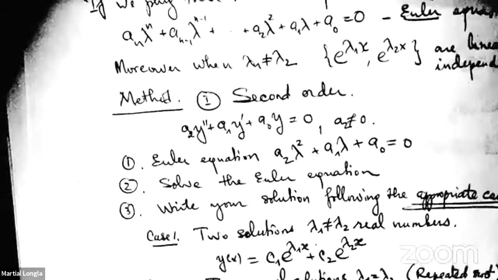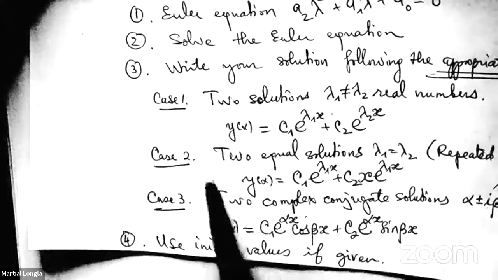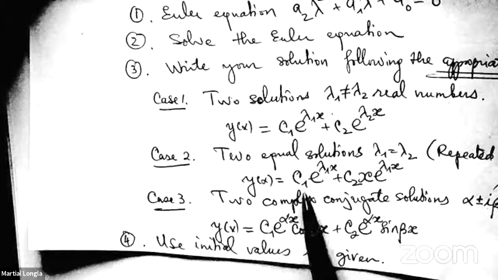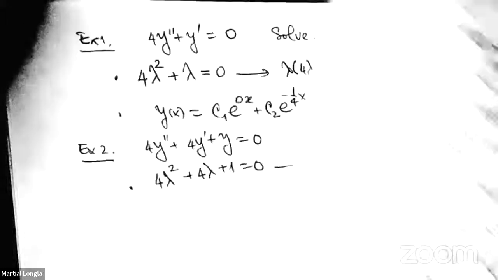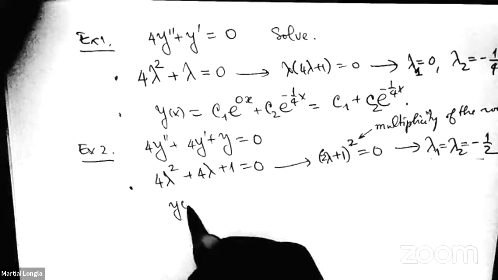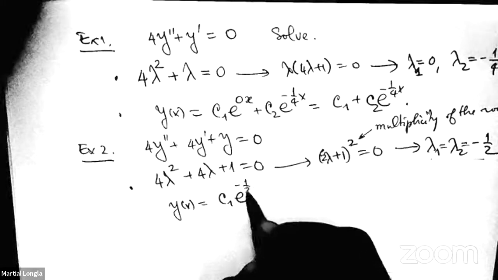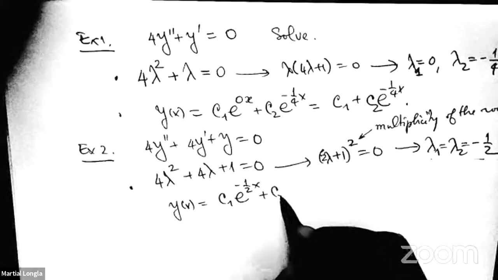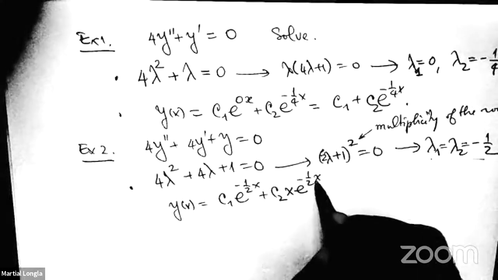The procedure says when the two solutions are equal, that's case 2, this is how you write the answer: C1 e to the lambda x plus C2 x e to the lambda x. So my answer is going to be y of x equals C1 e to negative 1/2 x plus C2 x e to negative 1/2 x.